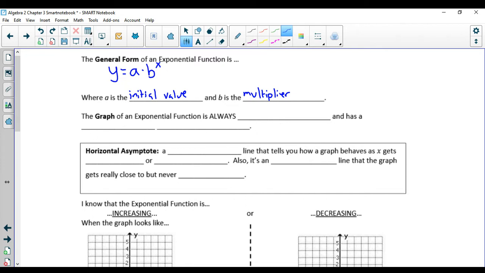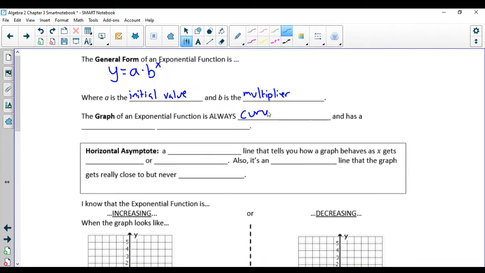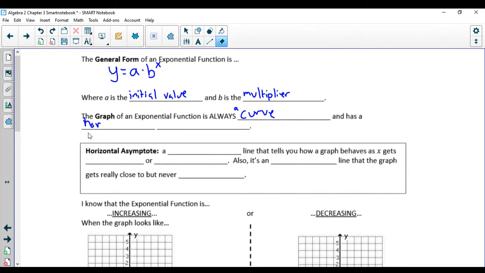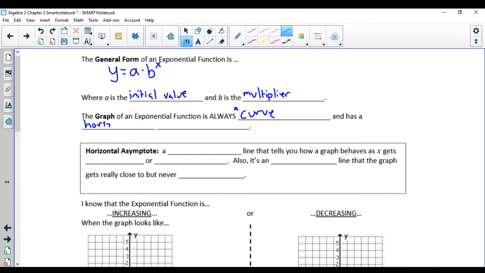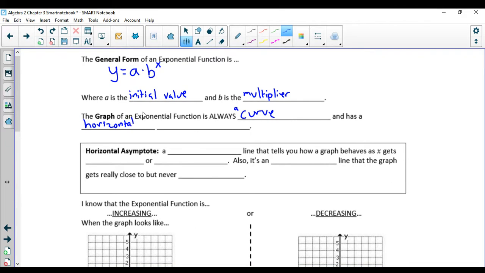The graph of an exponential function is always a curve. And it has a new vocab word here, a horizontal asymptote.